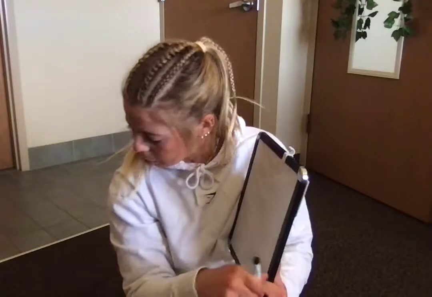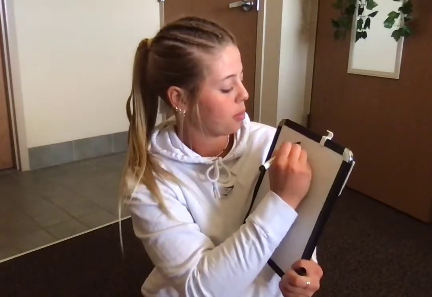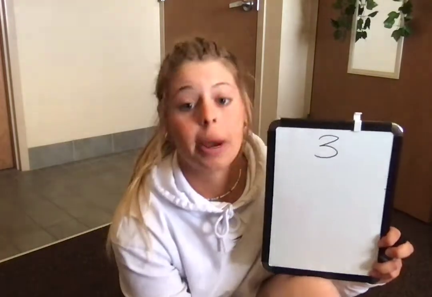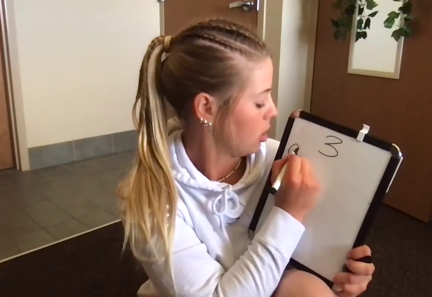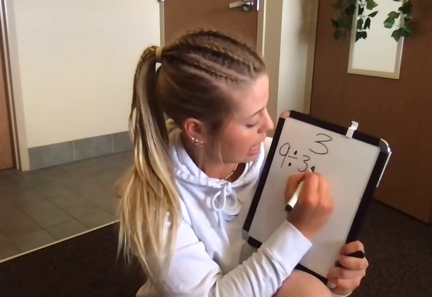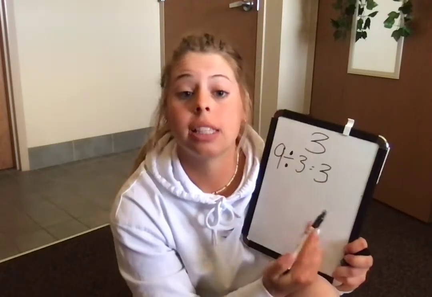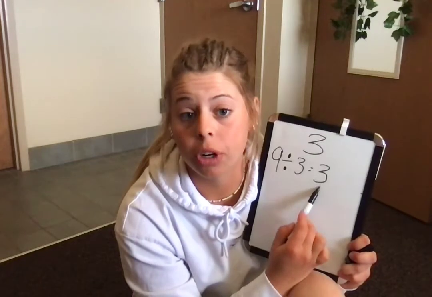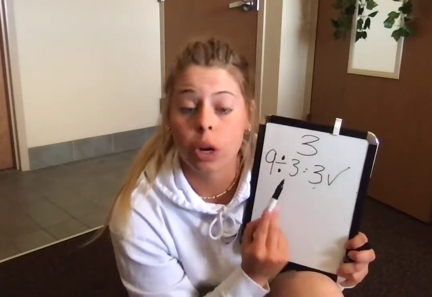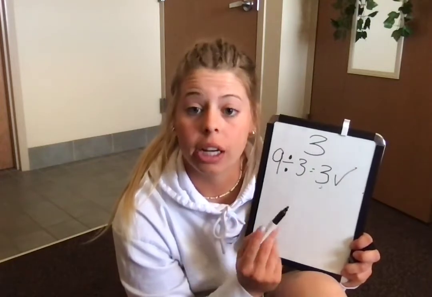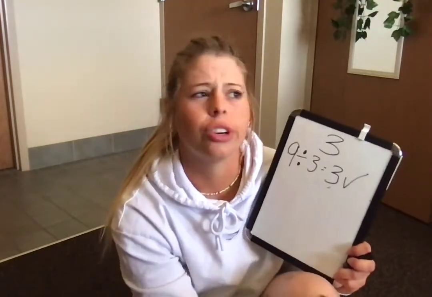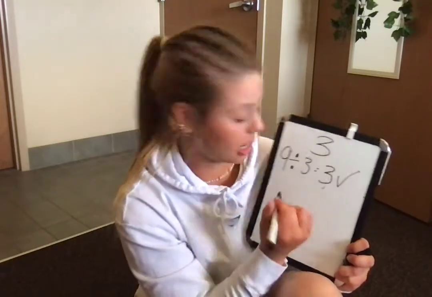And our next number is 3. Alright, so a number that is divisible by 3 is 9. So 9 divided by 3 equals 3. And since, once again, 3 is a whole number, this means yes, this problem works. 9 is divisible by 3. And then a number that would not work, for instance, let's use 17.